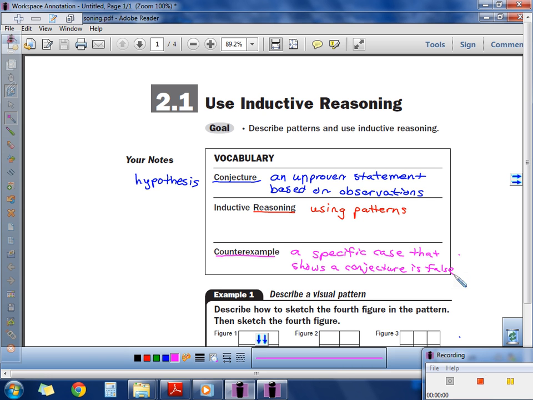We'll see some examples of that here in just a little bit. Counterexamples are pretty cool. You're good at these. If you're good at arguing, you will use counterexamples all the time. Lawyers use them all the time. So if you like arguing, you already use them. It's just seeing them in terms of math.